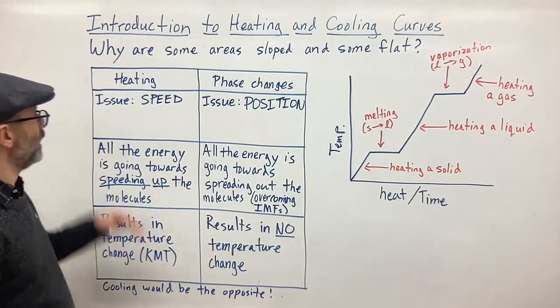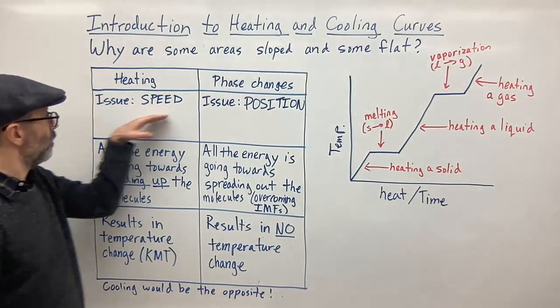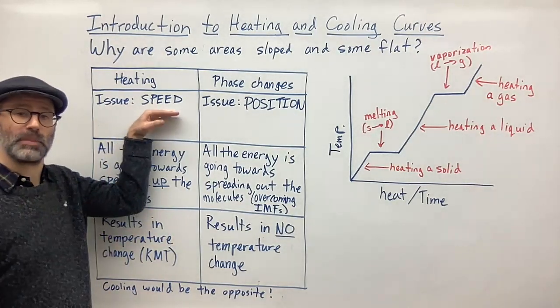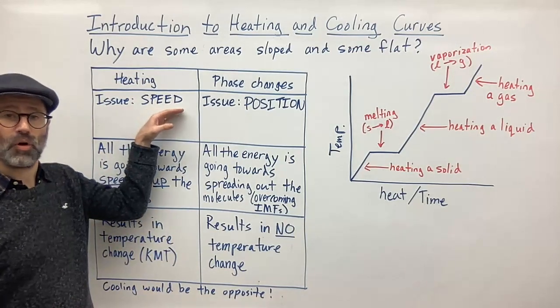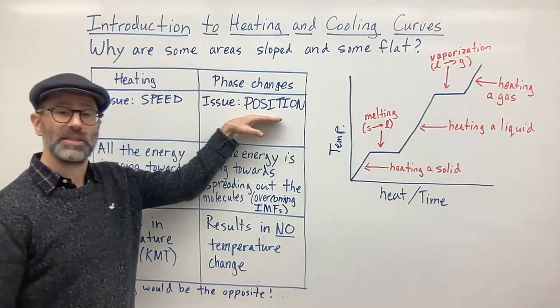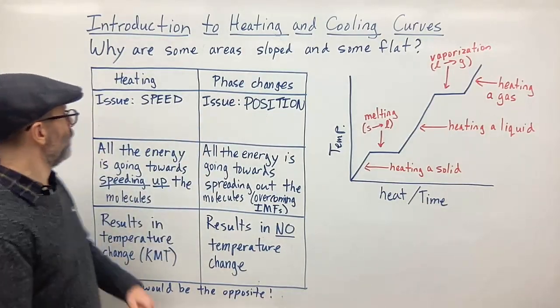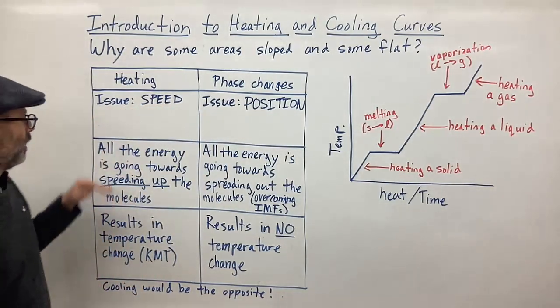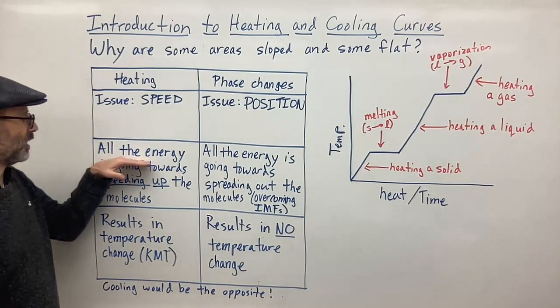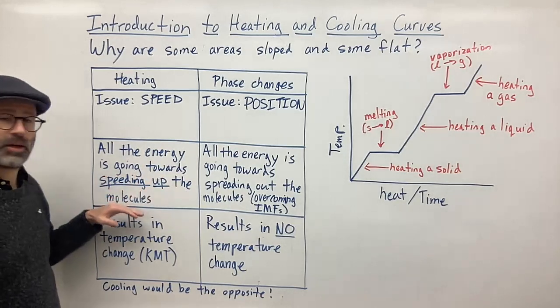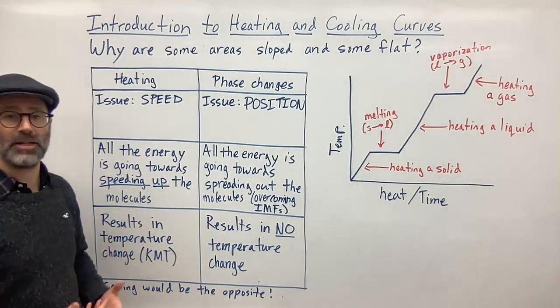When you're heating something up, you are putting energy in. That energy can go in to affect the speed of the molecules, or it can go in to affect the position. I'll talk about these individually. If the issue is speed, then the energy being added is going towards speeding up the molecules, making them go faster.